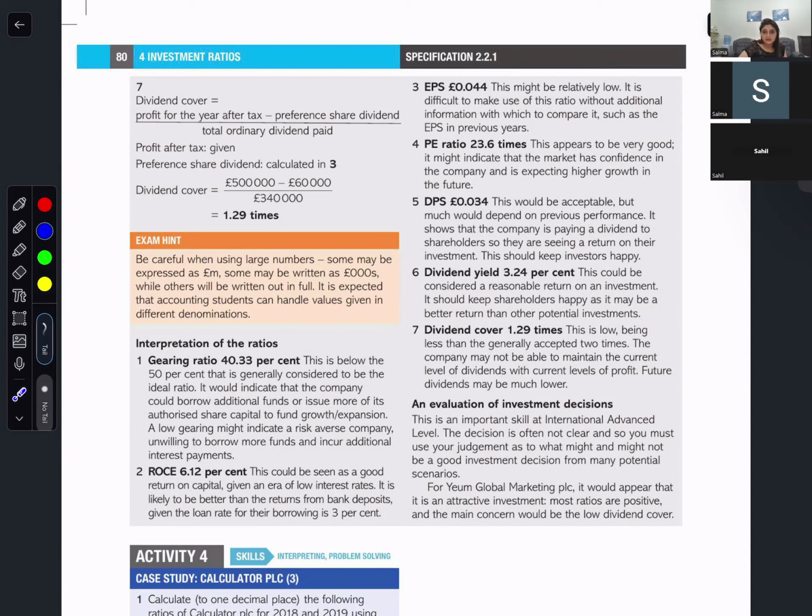So the ideal ratio is how much? 50%. Yes. So your gearing ratio is 40.33%. That means what? It's significantly below 50%, so you can borrow more funds.